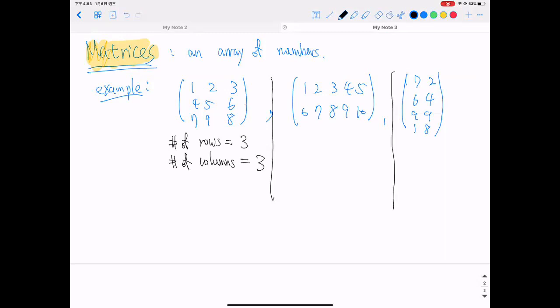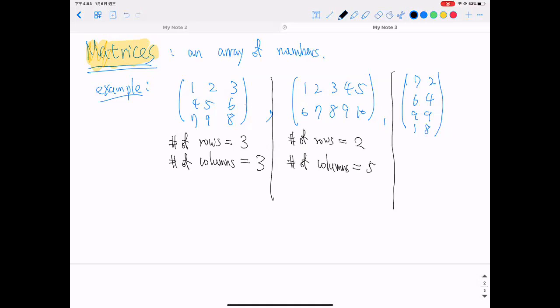Now in this example, the number of rows is how many? You've got 2 rows. The number of columns, you've got 5.